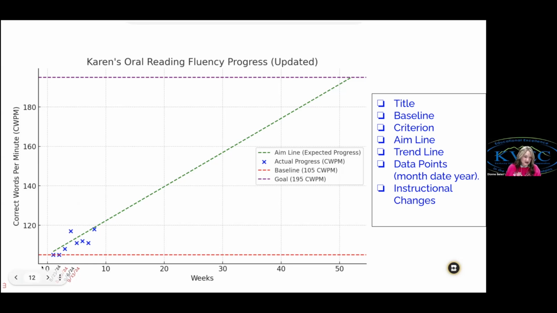I'm starting at 0 here in the bottom left-hand corner. I see that red line, that's my baseline. And I calculated that, remember, because I probably gave her 4 to 6 probes to check her correct words per minute. And I averaged those, and her average is 105.